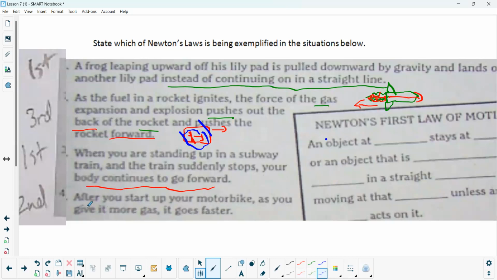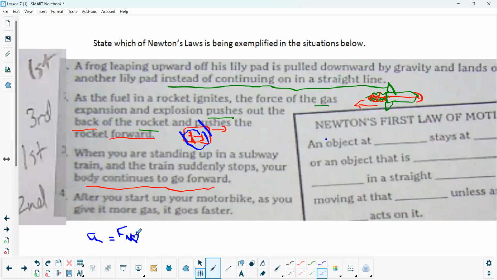The second one is probably the easiest one to identify. It says after you start up your motorbike, as you give it more gas, it goes faster. So Newton's second law is this idea of the equation, either F equals ma or a equals the net force divided by m.